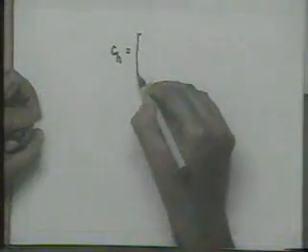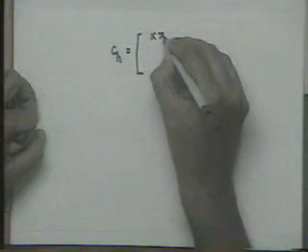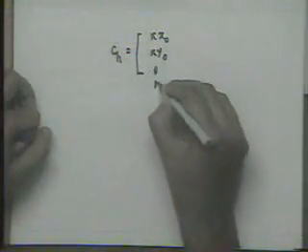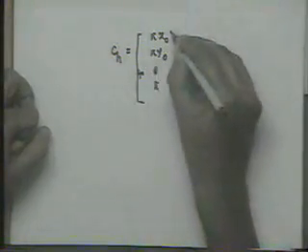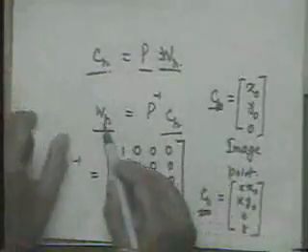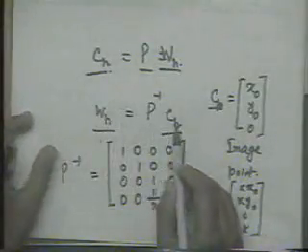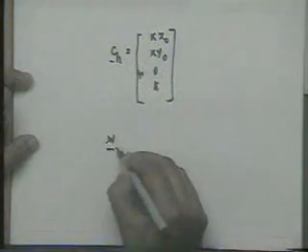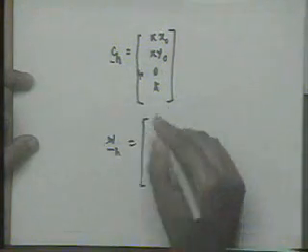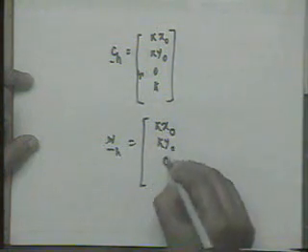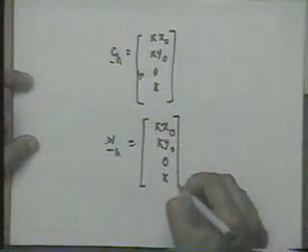CH was our given image point, kx0, ky0, 0 and k. By applying this relationship WH equal to P inverse CH, we are getting WH as kx0, ky0, 0 and k.